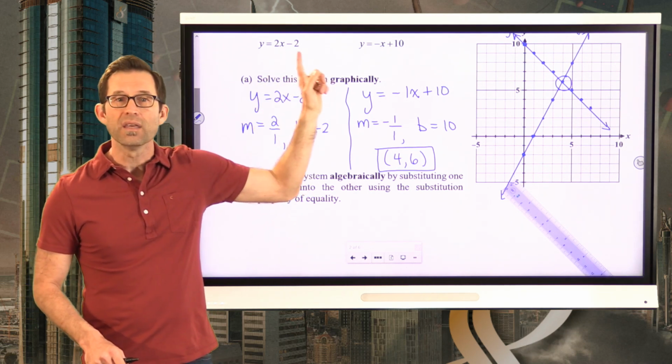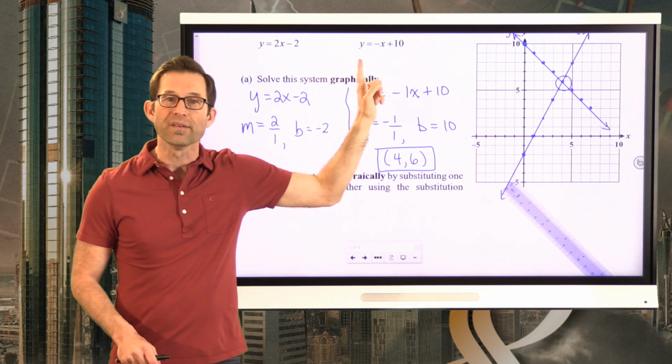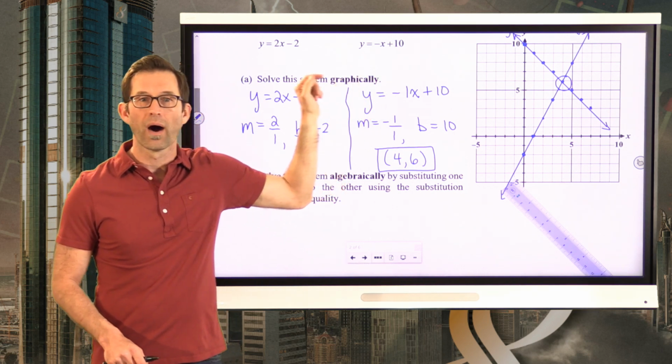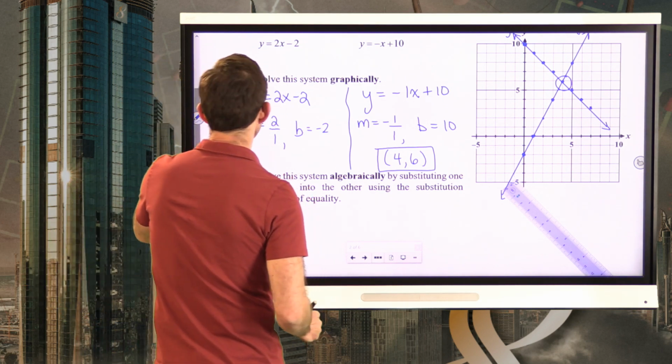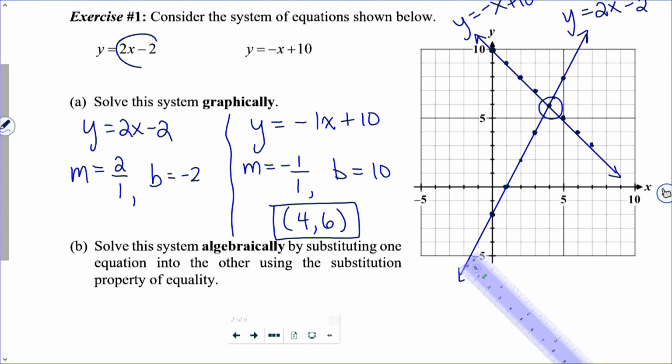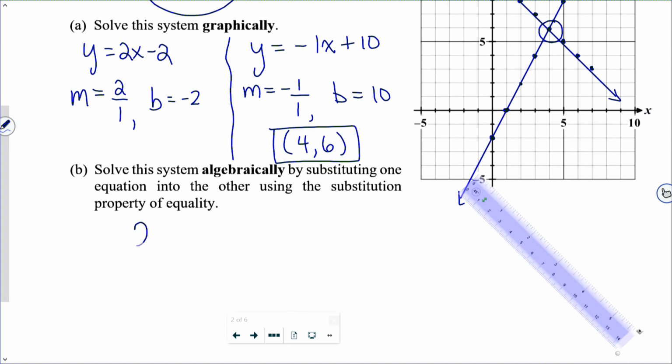Since y is equal to this, we can replace or substitute for this y this expression. So literally, what I'm going to do when I solve these equations algebraically is take this expression for y and substitute it into this expression. And that's going to start me off with 2x minus 2 is equal to negative x plus 10.